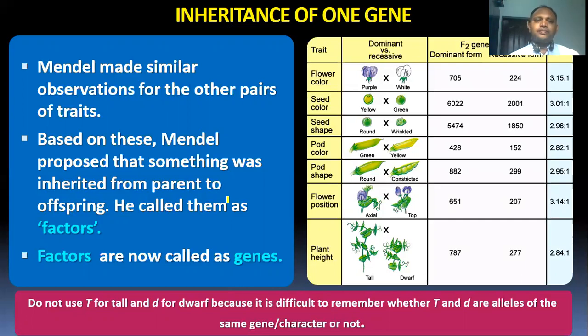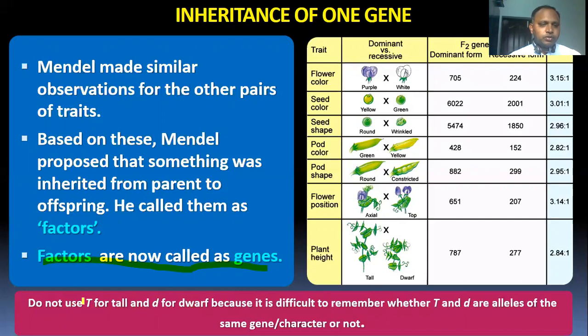The factors are responsible for the trait or character inherited from the parents to offspring. That's why he got the 3:1 phenotypic ratio. The factors are what we now call genes. But at that time Mendel used the term factors. He called a factor a unit of inheritance, right? And when we are giving the genotype ratio, you see, we are using capital T for tall and small t for dwarf.